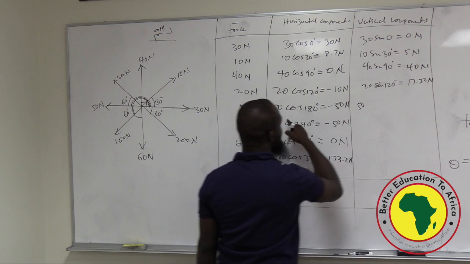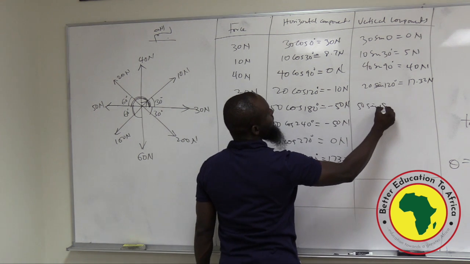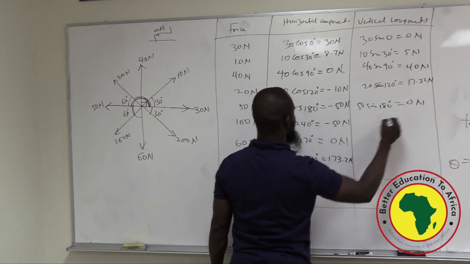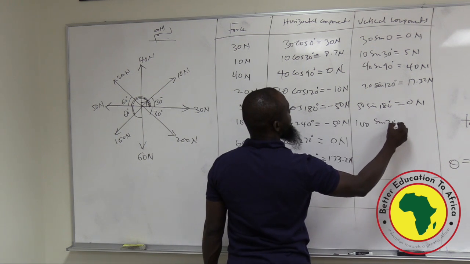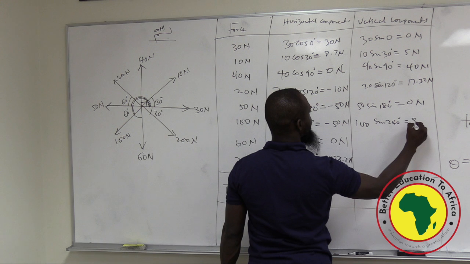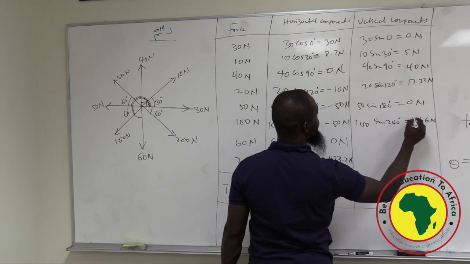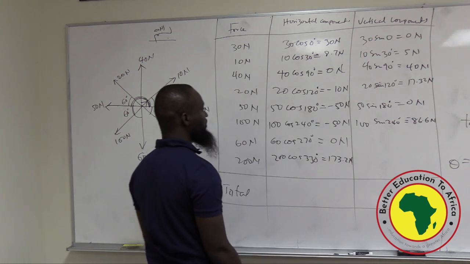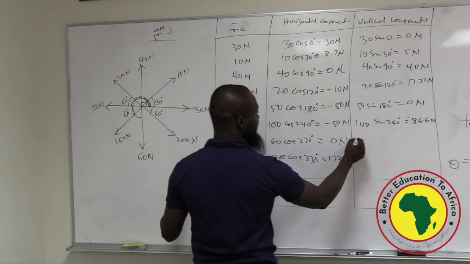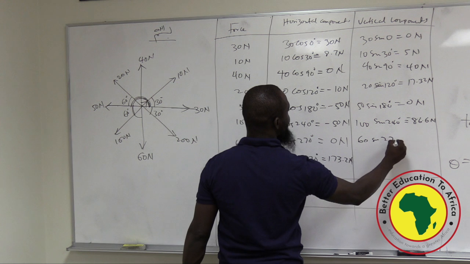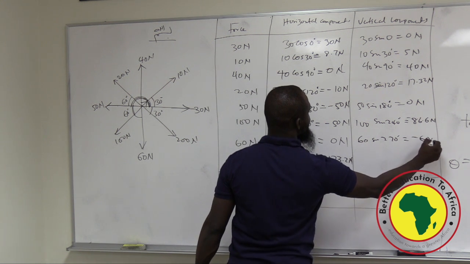50: I change the cosine here to sine. Sine 180 degrees is 0, 0 newtons. 100 sine 240 degrees gives me negative 86.6 newtons. Then 60 sine 270 degrees is minus 1, so minus 60 newtons.